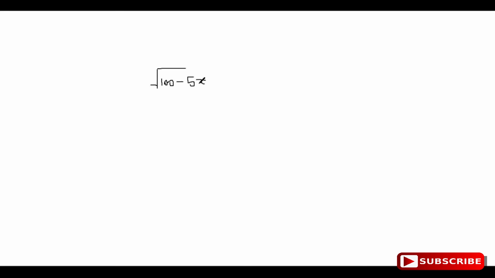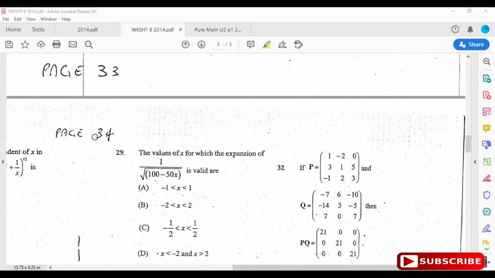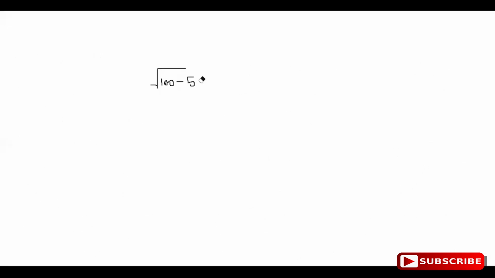Is it 5x or 50x? That's 50x. Very good. So in order for me to find the square root of 100 minus 50x, what we know about square root is that when you square root something, it has to be greater than or equal to 0.